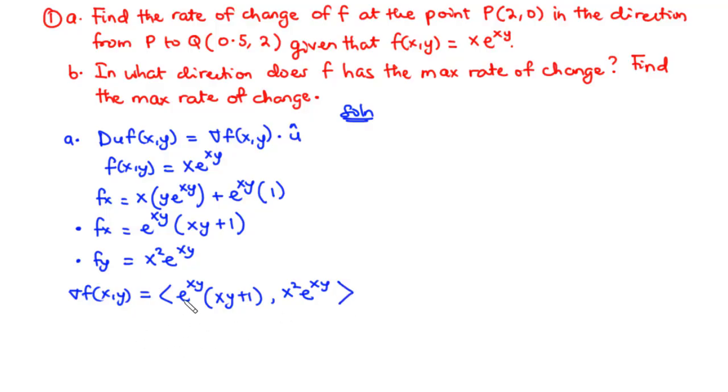Now the next thing is we are going to find the gradient of the function at the point P, which is (2, 0). So we have the gradient of the function at the point (2, 0) equal to, let's say for fx, e to the power 2 times 0, since x is 2 and y is 0, all times 2 times 0 plus 1, and this becomes e to the power 0 times 0 plus 1.